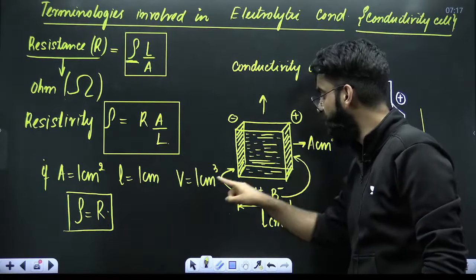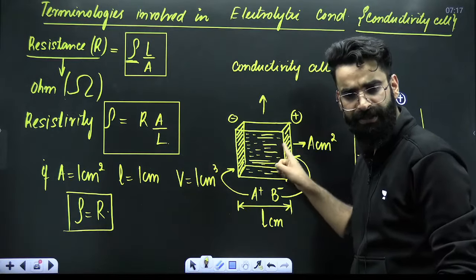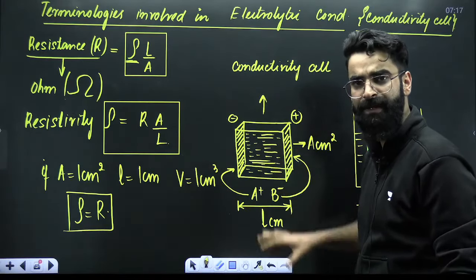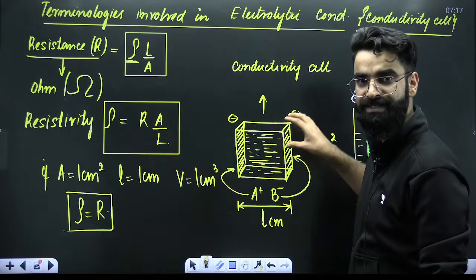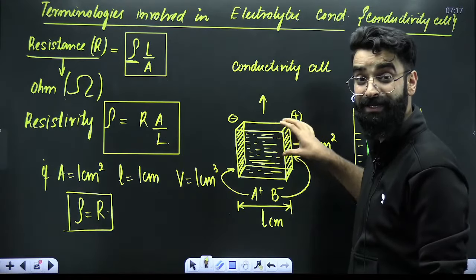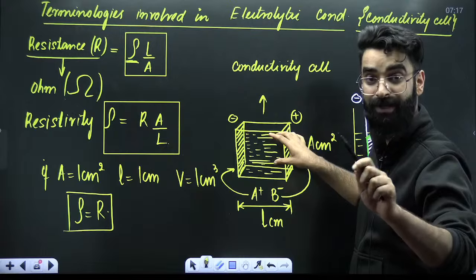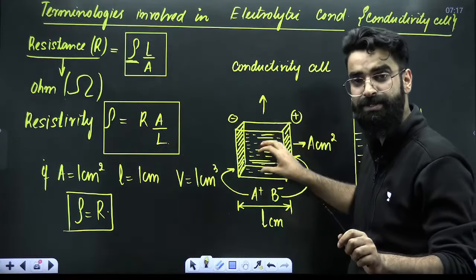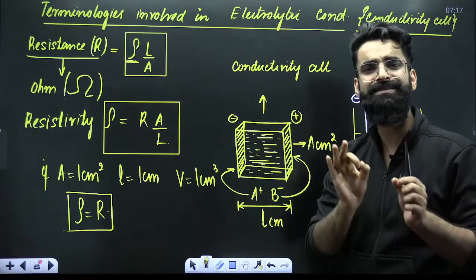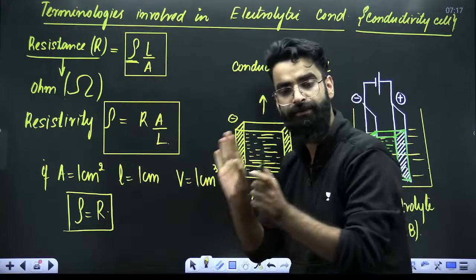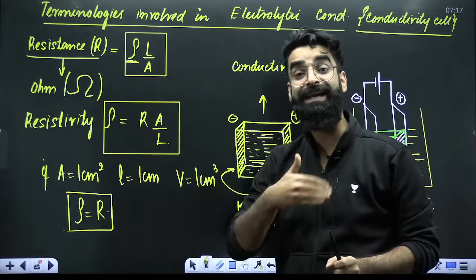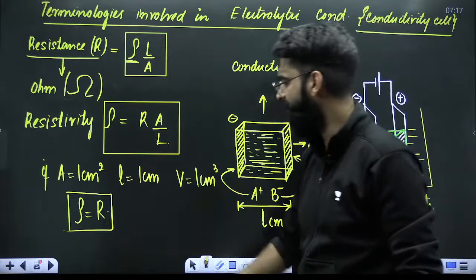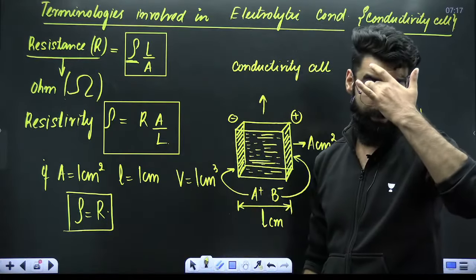Since the volume of the cube is 1 centimeter cube, if I ask you what is the volume of the electrolytic solution in this container, I'll say it is 1 centimeter cube. I'll say resistance shown by 1 centimeter cube of electrolytic solution, that's something which I call resistivity.